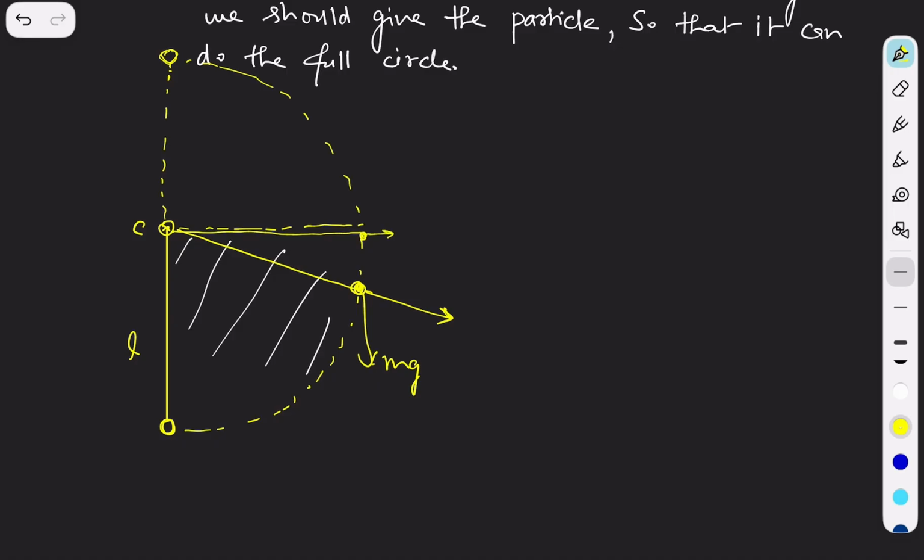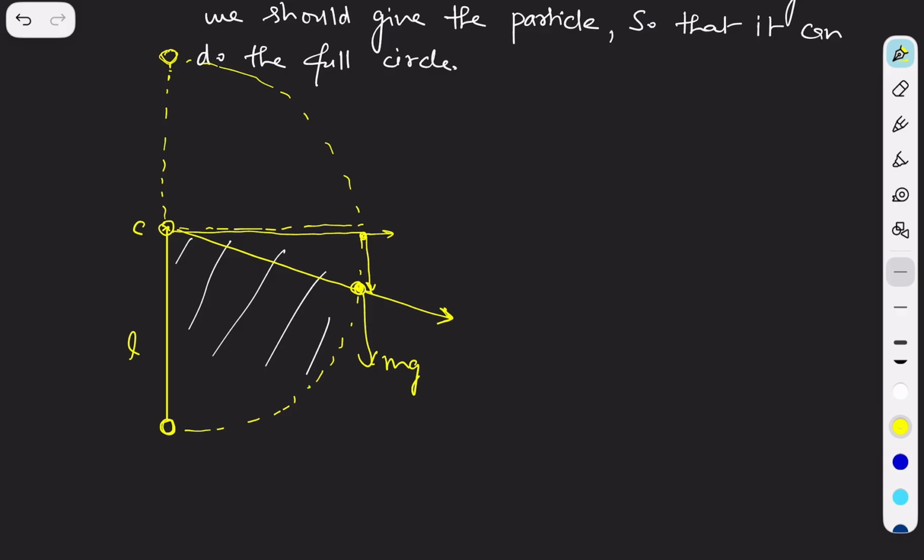So we can say that the tension can never be zero in this lower half. In the lower half, tension can't be zero in the string. This is one thing that you should keep in mind.